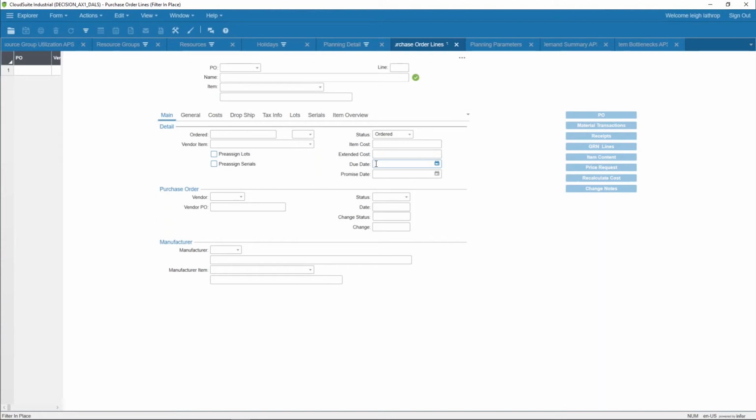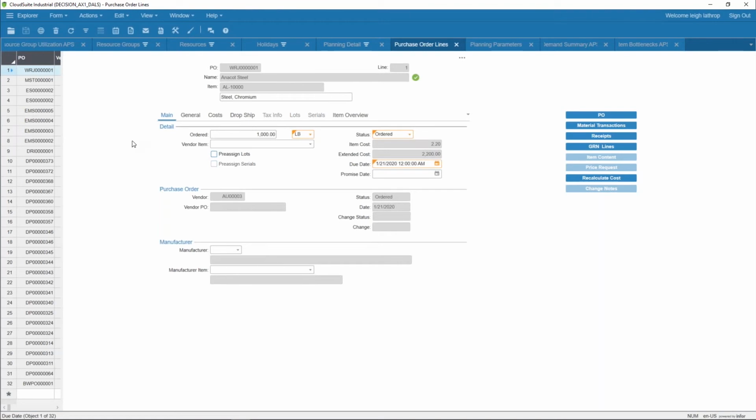Scenario B is where the supplier comes and says, frankly, I don't know what to tell you about when this material is going to be available. In that instance, what we're suggesting is taking the order and changing it from an order to a filled status.